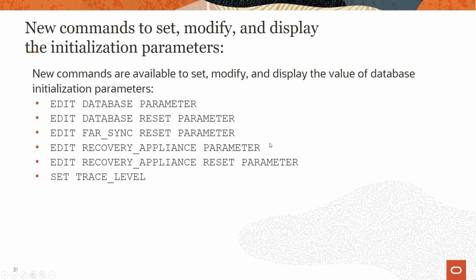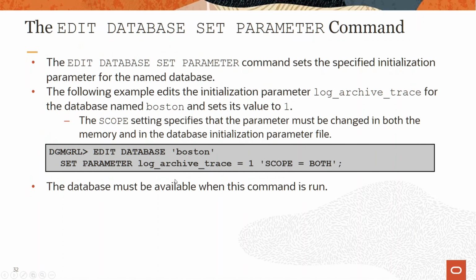And also there are a couple of new commands that can be used to set, modify and display init parameters. So we're going to see a couple of parameters in the next few slides. The first thing is you can change the log archive trace parameter directly in the Data Guard broker command line interface.